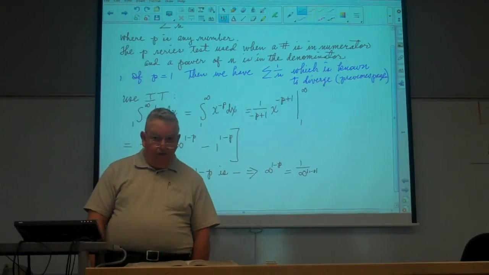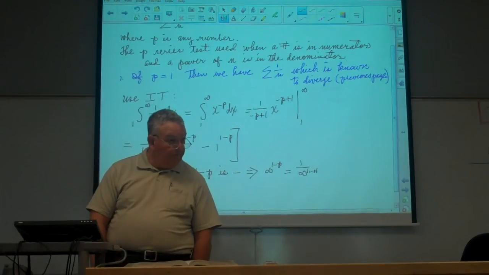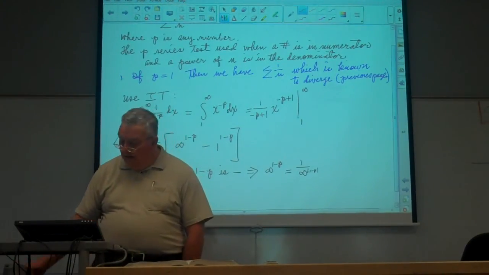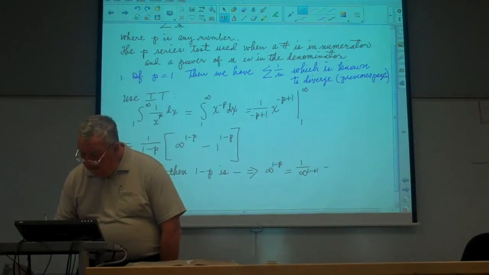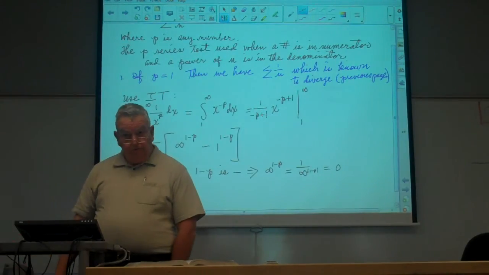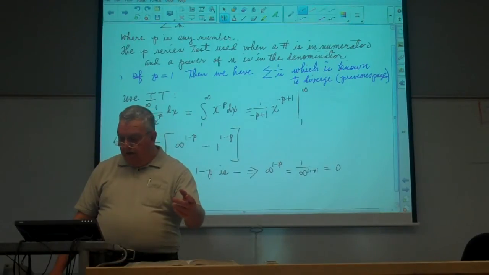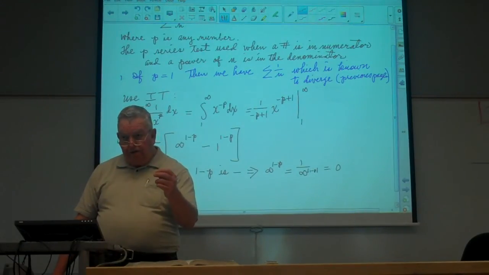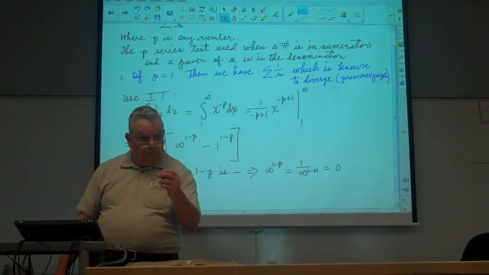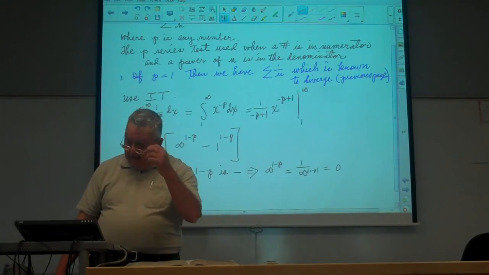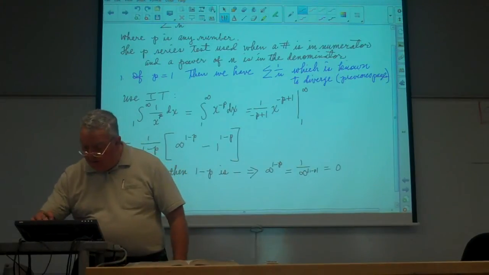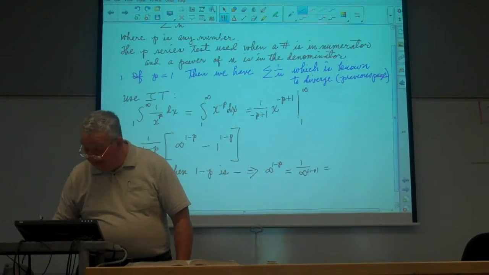Doesn't the absolute value make it positive? Yes or no? But doesn't that mean that it is 0? Back to what I said earlier, infinity to any positive power is going to be infinity, right? Agreed? So isn't that equal to 1 over infinity, which is 0?